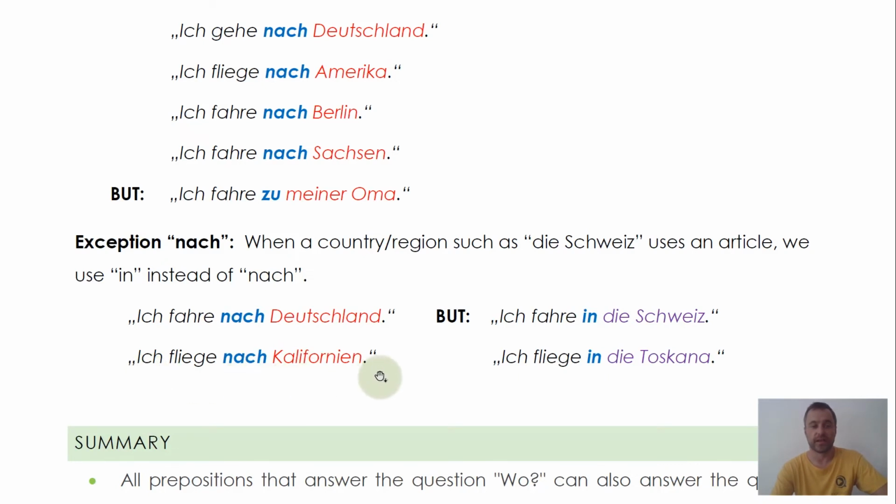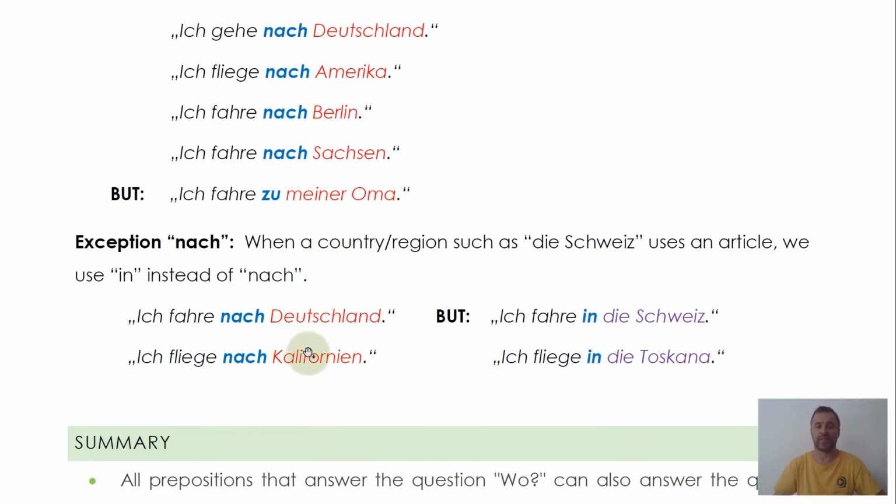Also, ich fliege nach Kalifornien. I fly to California, but ich fliege in die Toskana. So I fly into the Toscana region in Italy. So if you have an article in front of it, that's when you have to use in instead of nach.